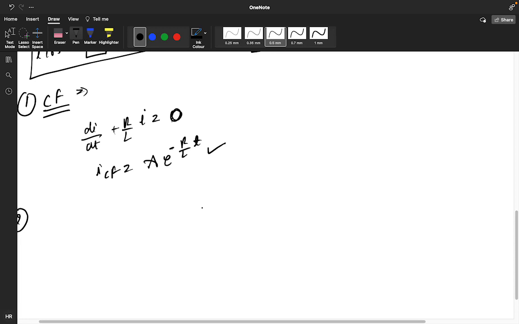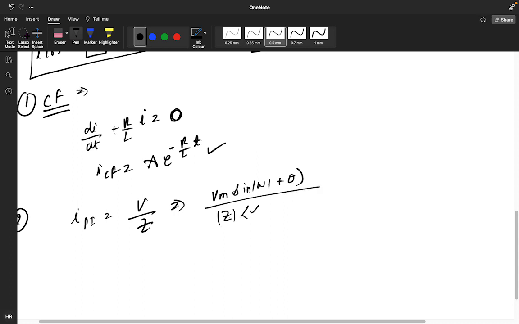So we will do a very simple thing. To find the current i_PI, it will be V by Z, where V is Vm sin(omega t plus theta) and Z is mod Z at an angle alpha.